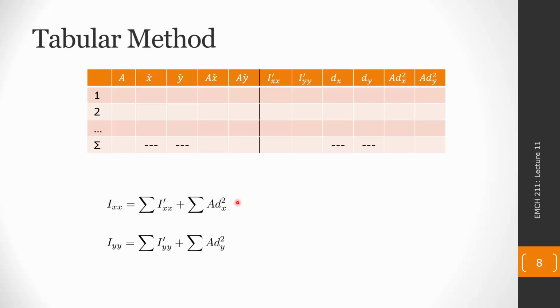Same idea to calculate Iyy. We take the sum of all the Iyy primes, so the value in this cell, and we add to it the sum of all the A dy squared terms. So we add this cell and this cell together, add them up, and that gives us the total Iyy for the composite shape.